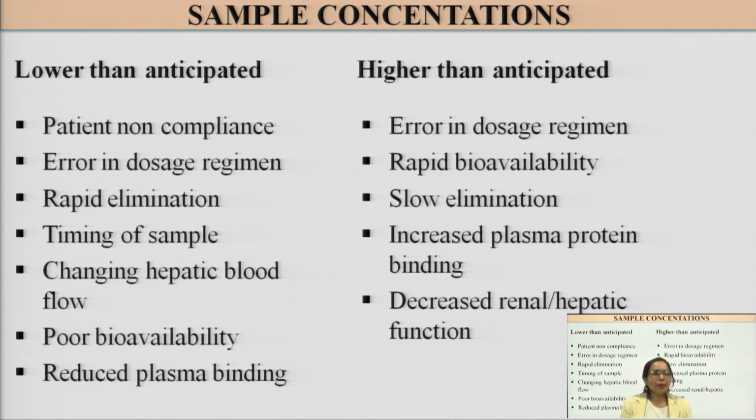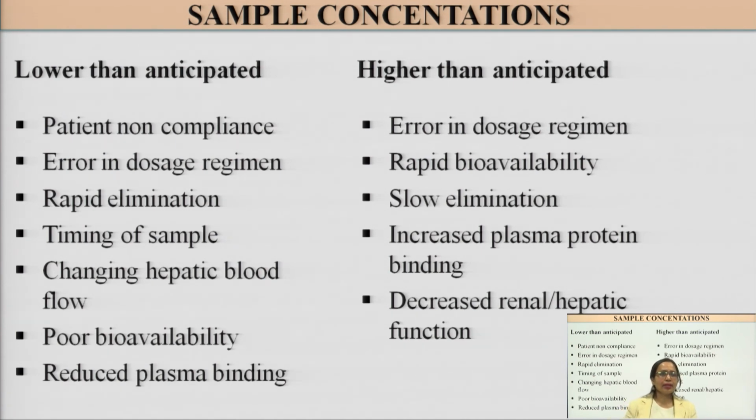Then the sample concentration: some are lower than anticipated, some are higher. Lower than anticipated include the patient's non-compliance, error in dose regimen, and rapid elimination, that is changing hepatic blood flow, poor bioavailability, and reduced plasma binding; all these are causes of lower than anticipated concentration.